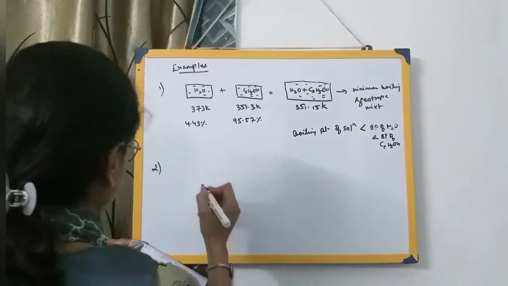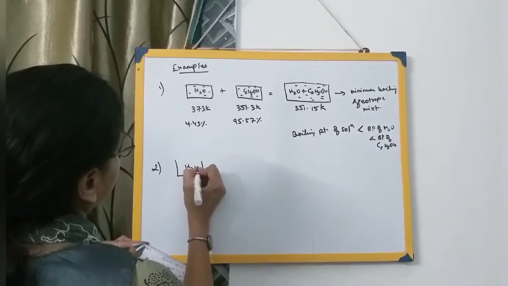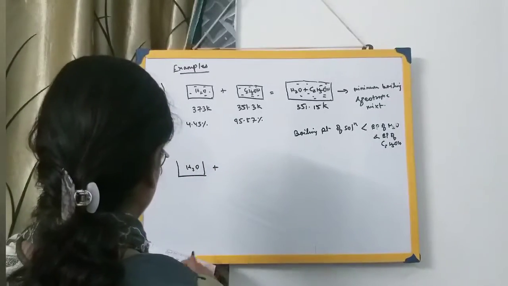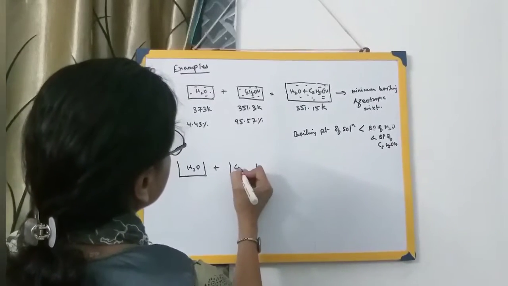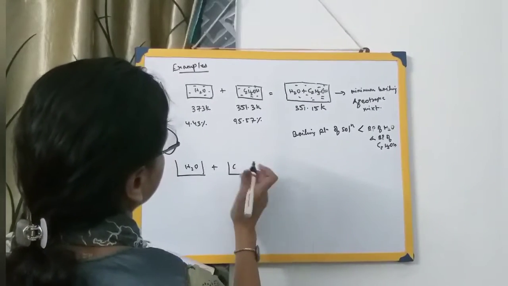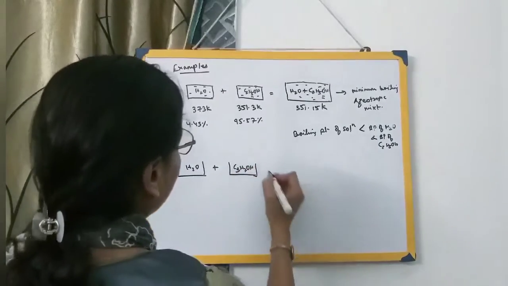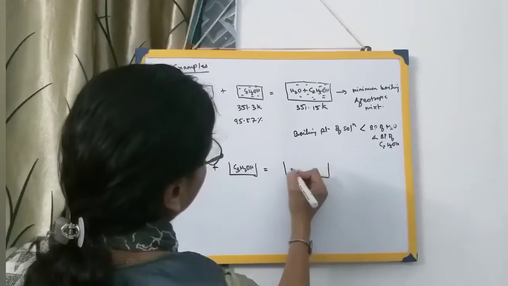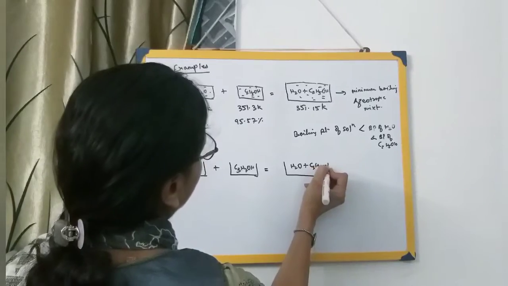This was example 1. Next example, suppose you are having a mixture of water plus propyl alcohol, that is C3H7OH, both of them, and the solution we have been getting over here is water plus C3H7OH, propyl alcohol.